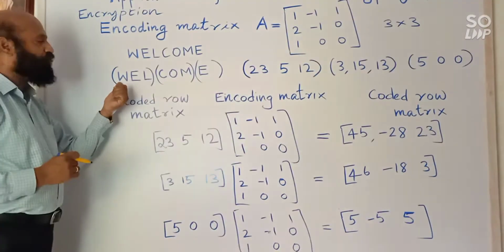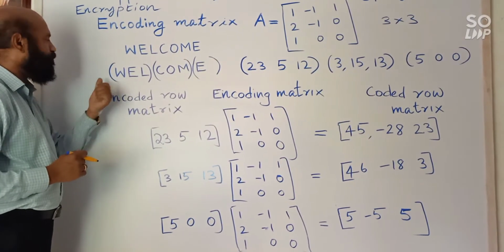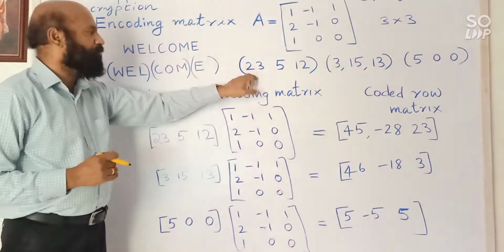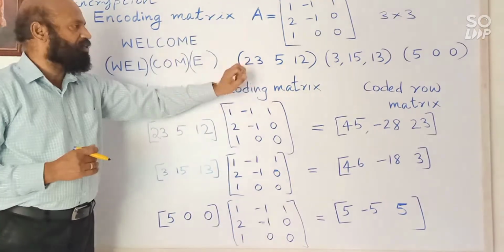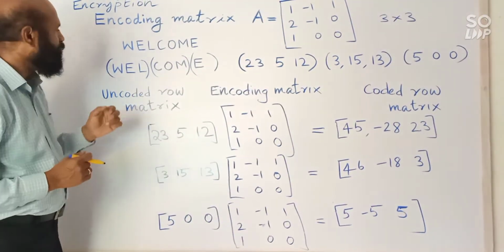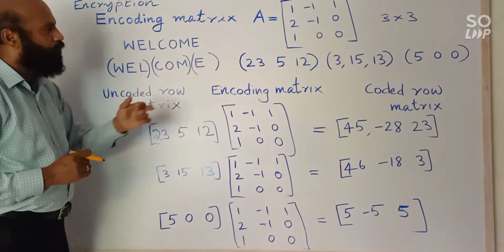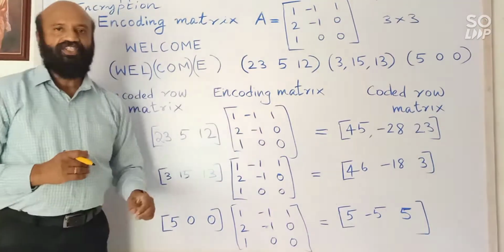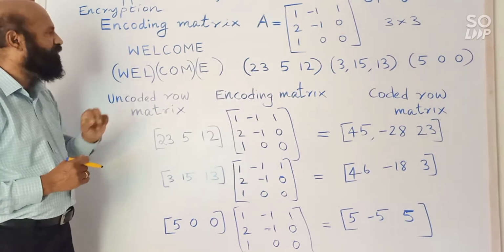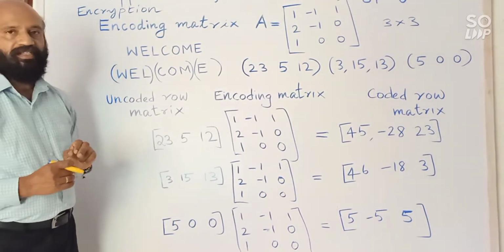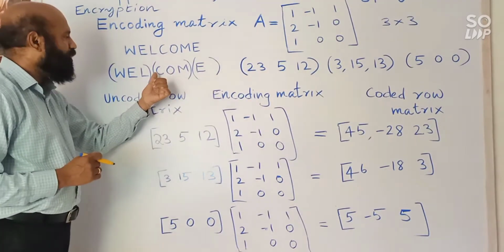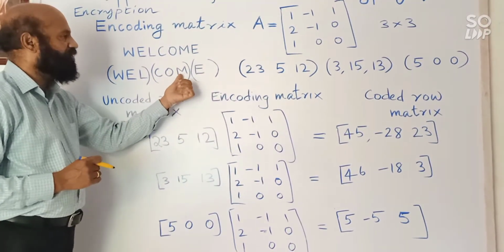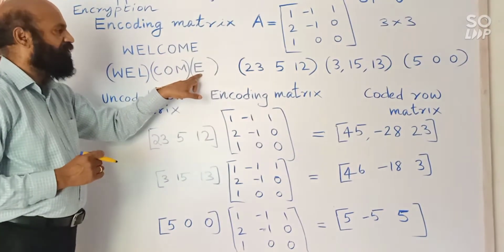Then each letter we can assign a number. W is the 23rd letter in the English alphabet. E is the 5th letter. L is the 12th letter. Similarly, you assign numbers to each letter. Then last, here E is there.